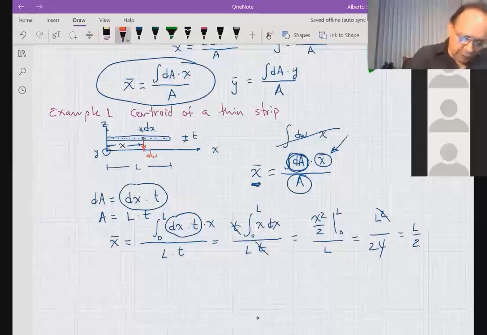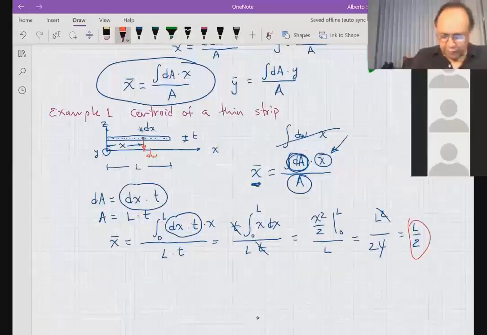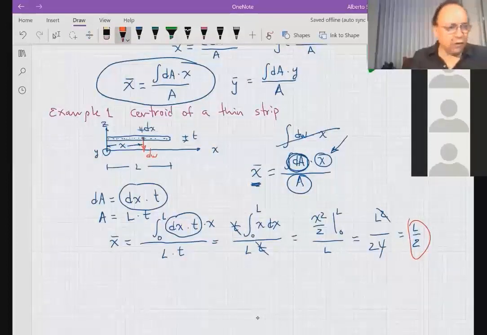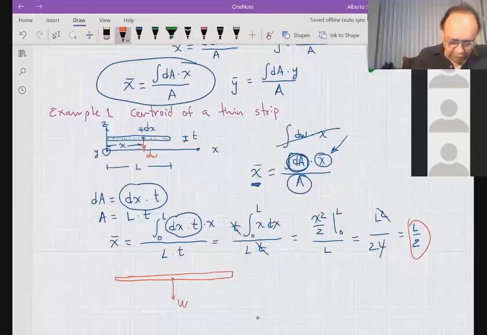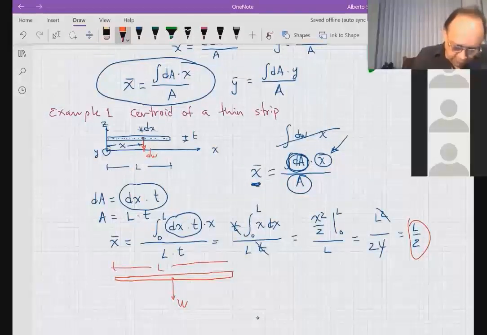It looks like a very simple finding, and we knew that, but we are proving how you find that the center of gravity of a little strip is right in the middle. This is where you can locate the total weight of a strip: if this is L, this is L over 2, and this is L over 2.